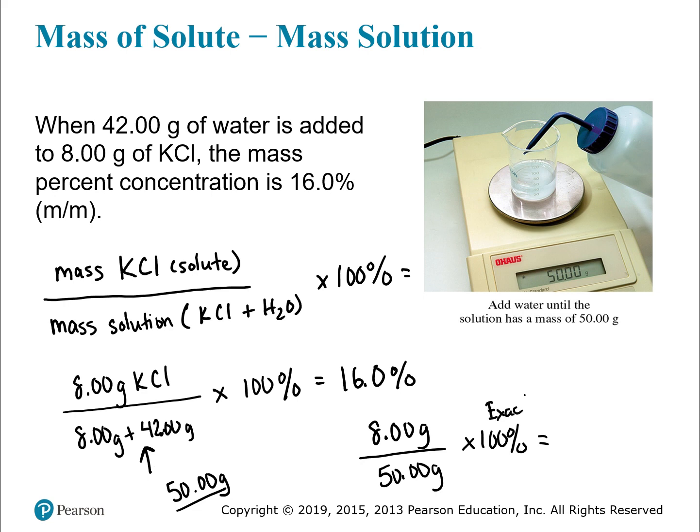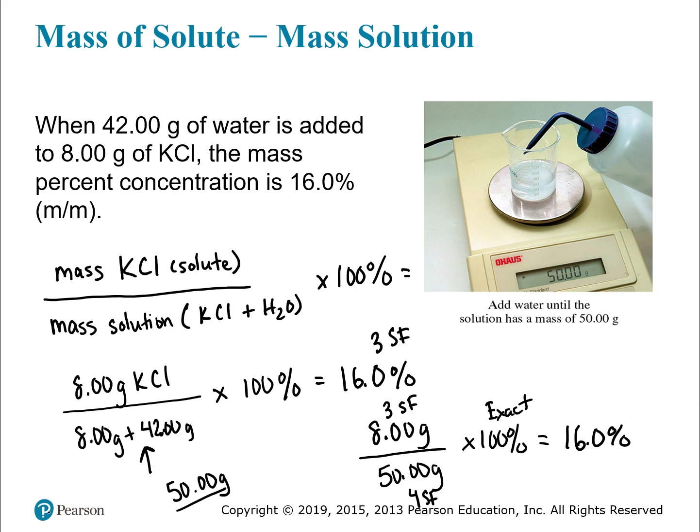The 100% is exact. We've got 3 sig figs here. We've got 4 sig figs here. So our answer has to be 3 sig figs. So that's why it's 16.0%. Just wanted to throw that out there because for your homework, you're going to have to deal with sig figs.